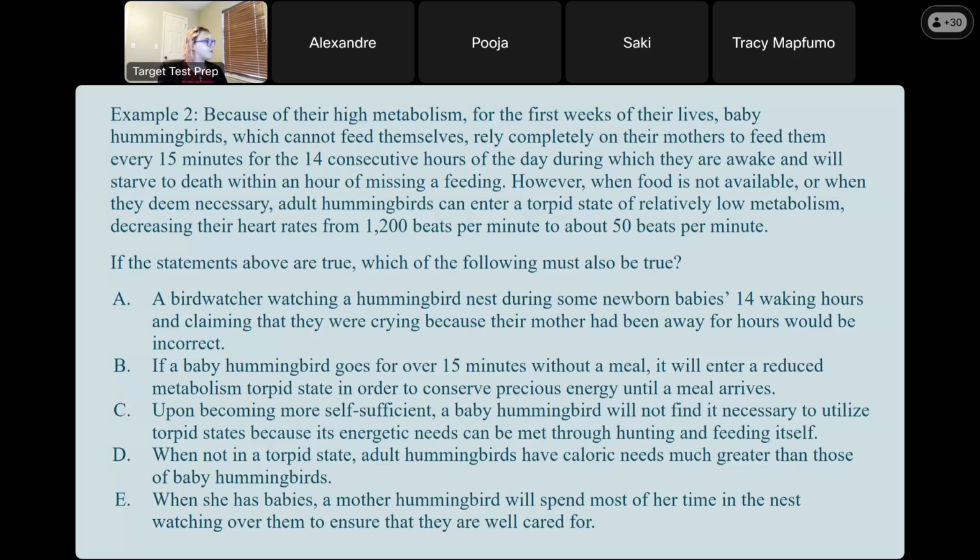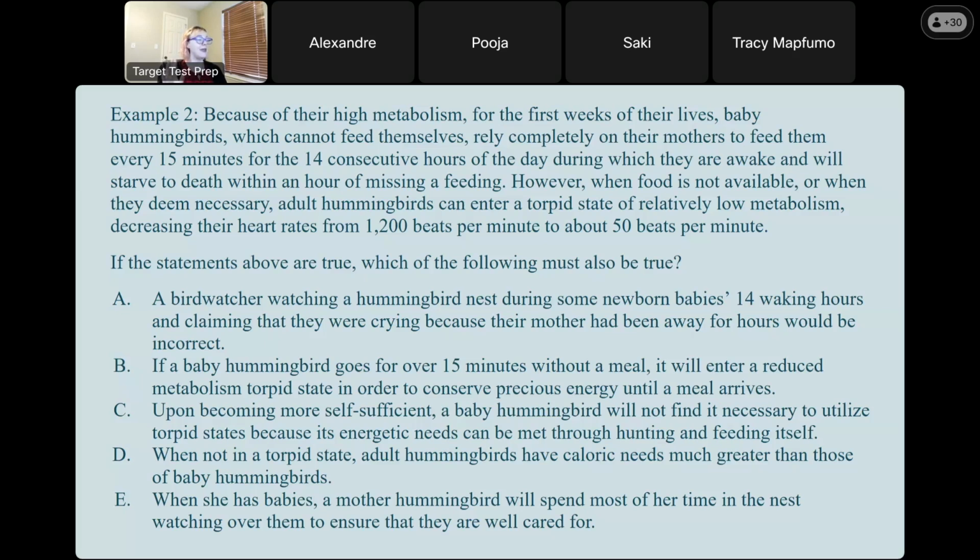And E, when she has babies, a mother hummingbird will spend most of her time in the nest watching over them to ensure that they are well cared for. So this is not fully supported by the passage, but it is very plausible as far as something that could be true.